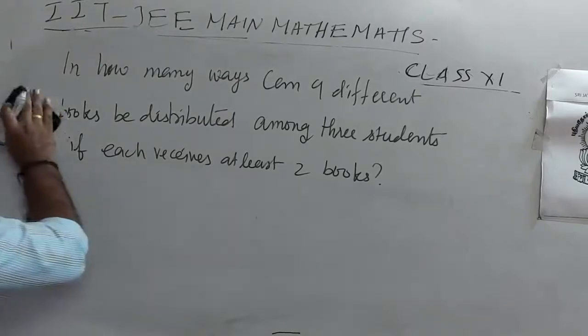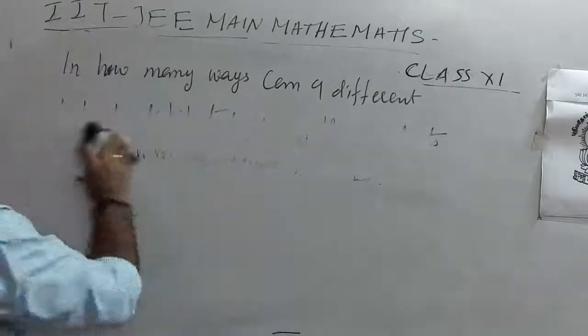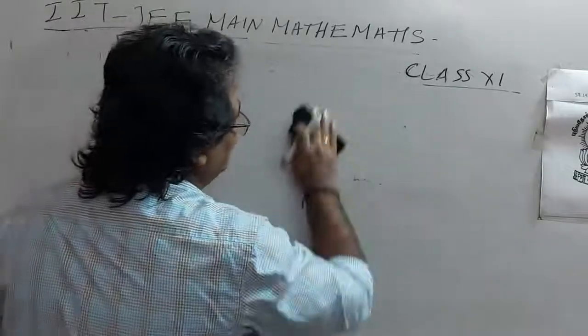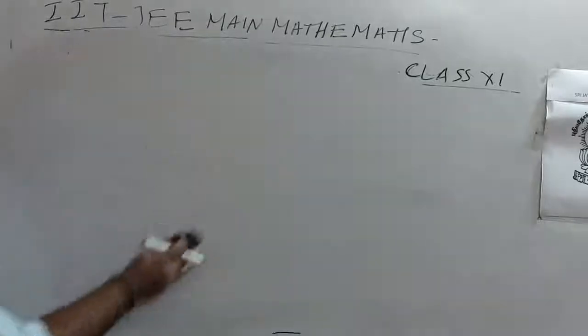So totally 9 books are there. We have to distribute to 3 students. Each one has at least 2 books.